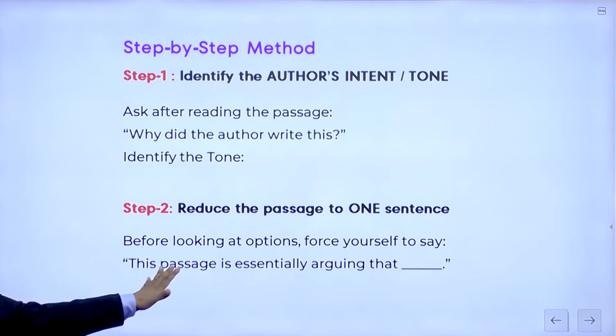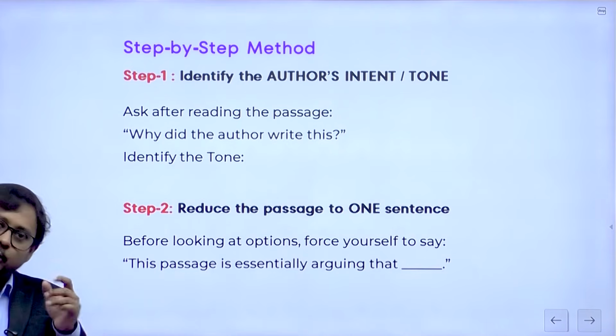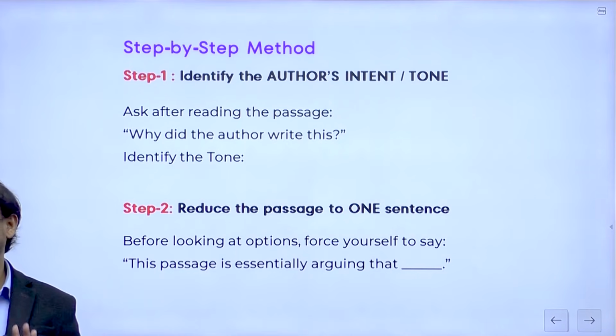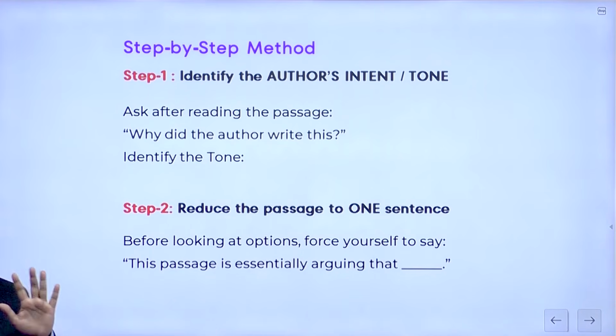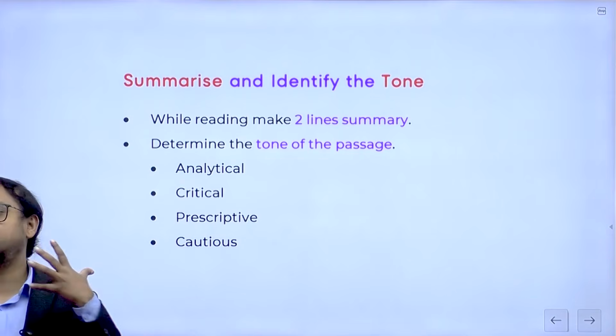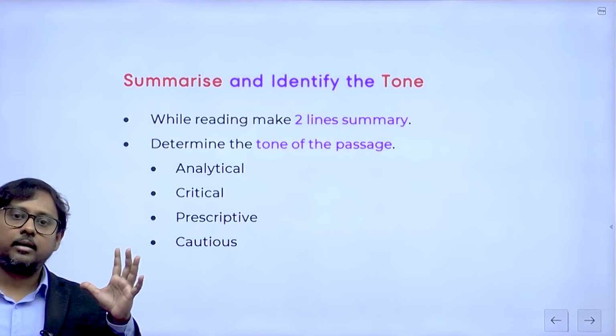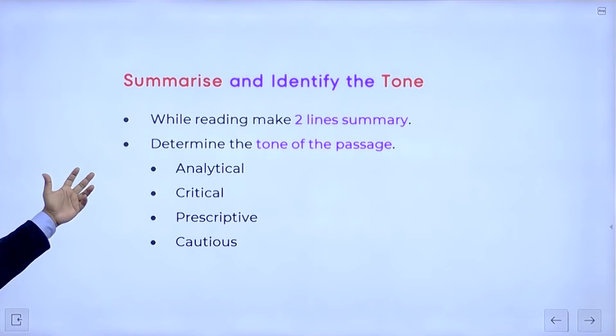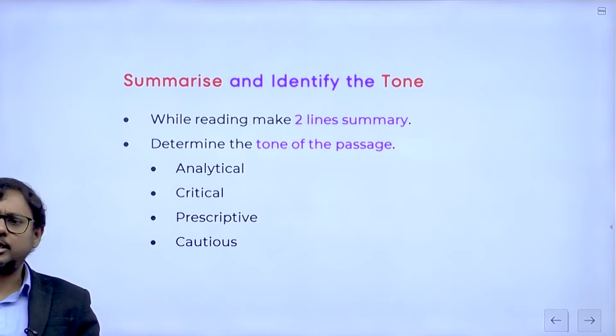The moment we do that, that summary is your answer. And you will see the magic also. This is why UPSC frames these questions very logically, which many others don't. So make a 1-line or 2-line summary.